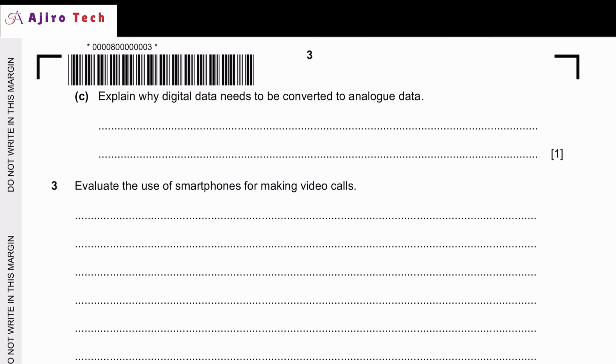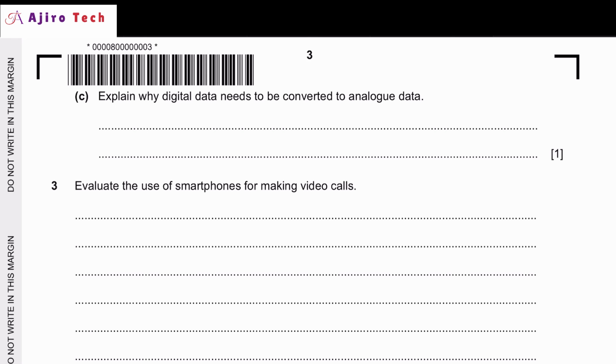Users can understand what? Tell me in the comment section. Analog, correct. Users can understand analog data. We can't understand what the computer is saying because they're all zeros and ones, binary format. But for us to understand what the computer is saying, it needs to be interpreted.